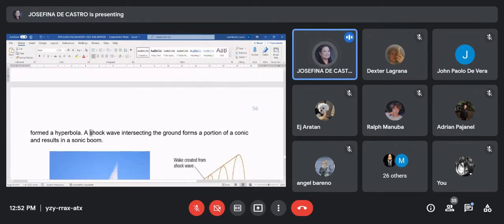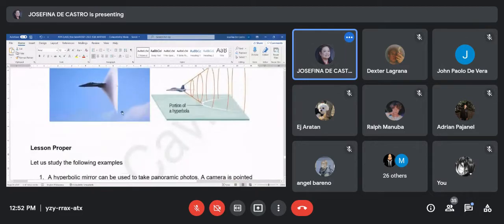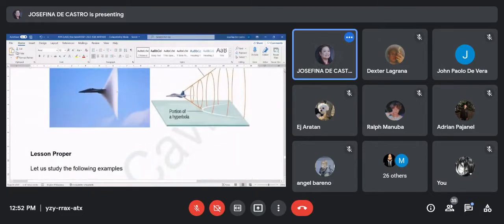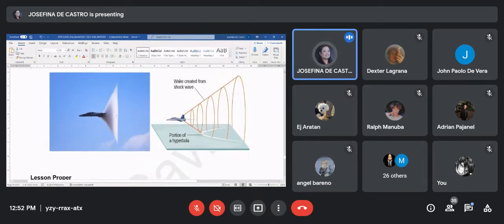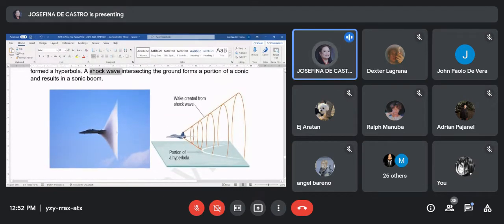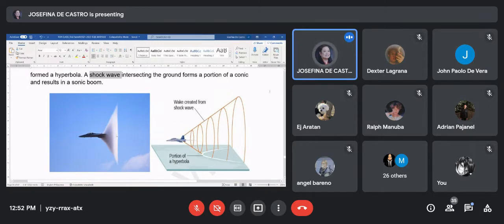Yung shock wave na nakikreate ng isang jet fighter. Because against the wind siya, nakakapag-create siya ng parang sonic boom or shock wave doon sa hangin. And because of that, nakakapag-create siya ng hyperbola.